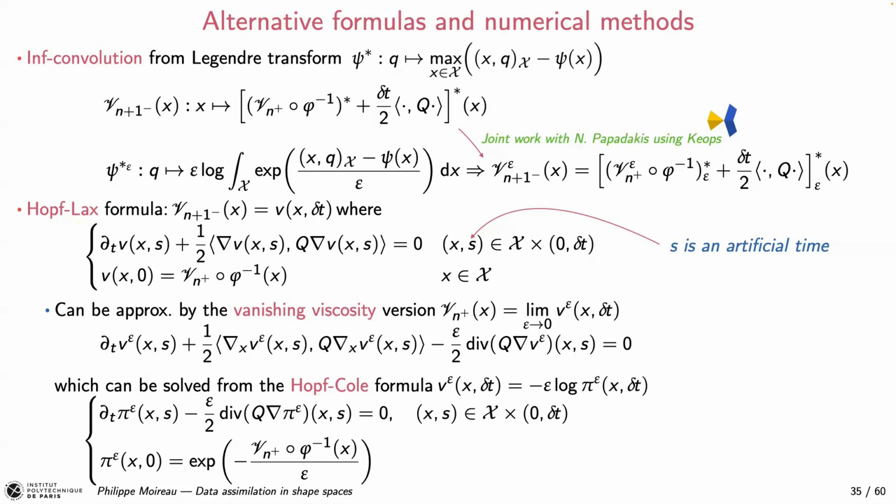And typically, instead of solving that, you take the Hopf-Cole formula by just considering epsilon log of the exponential of the value function, and so you get back to a heat equation. So if you are able to solve a heat equation in a very high dimensional space, then you can solve the problem I showed you before.